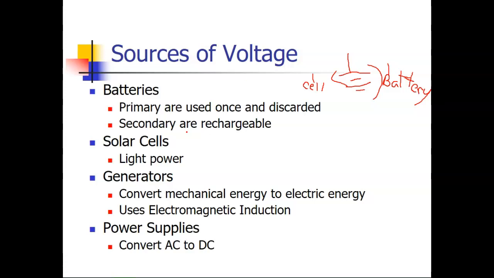A secondary battery is rechargeable. What are some things in your area that are rechargeable? Car battery, very much so. By the way, does anybody know what actually charges your car battery?